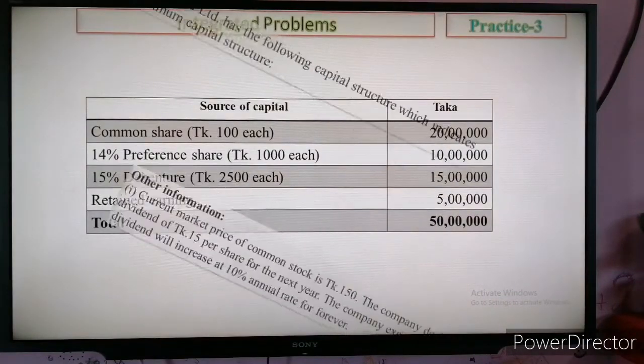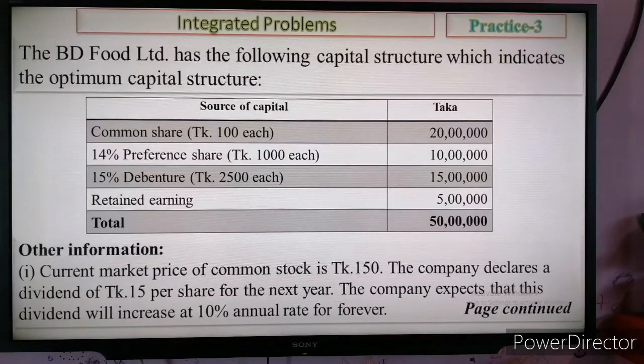Now, this is our problem to be solved today in this online class. I am reading the question. BD Limited has the following capital structure, which indicates the optimum capital structure. Do you know what optimum capital structure is? Optimum capital structure is a form where cost will be minimum and benefit will be maximum.